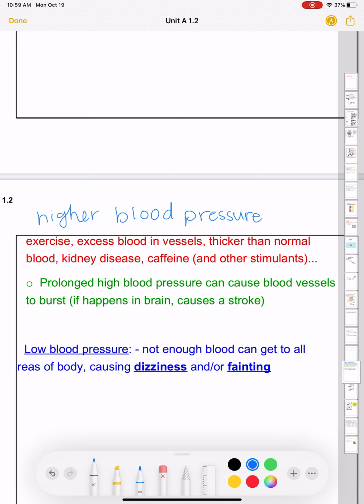One of the ways that they can lower your blood pressure is by making you pee, basically, getting out that excess water in your body. For me, that's what my medication does. It gets rid of that excess volume of water, which will in turn make your blood less, and having less blood will make you have less blood pressure.